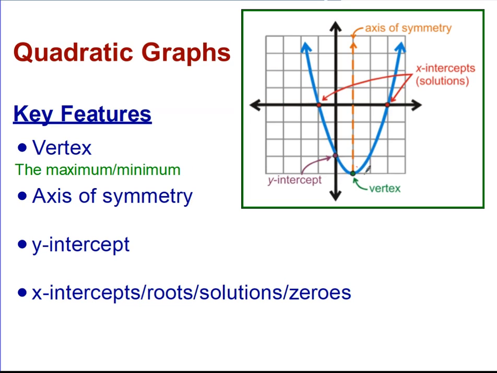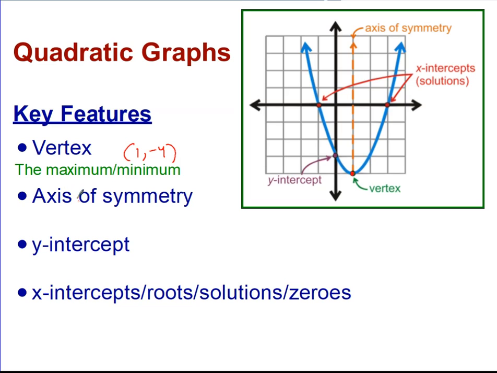A quadratic is either going to have a high point or a low point, depending on what it looks like. In this quadratic equation, you can see it has a lowest point down here. That's the vertex. For this problem, we always write the vertex as a coordinate pair. The vertex is at (1, -4).